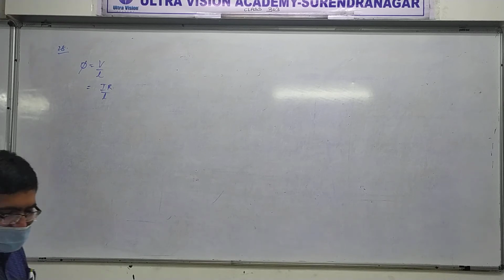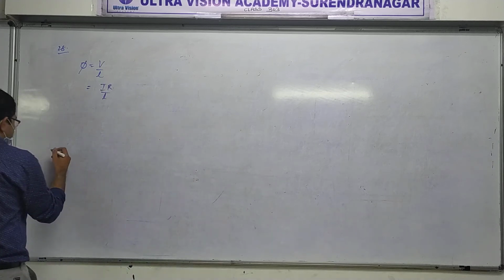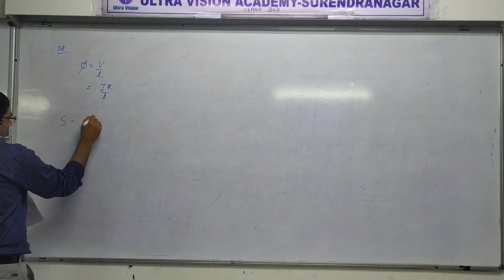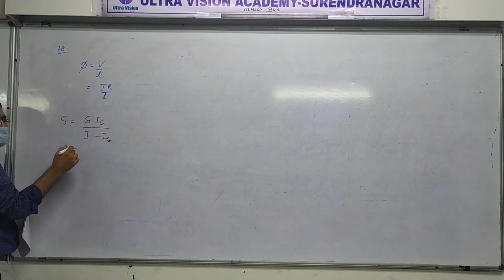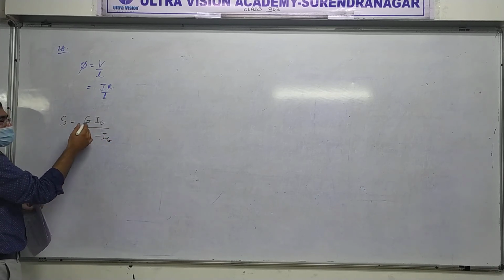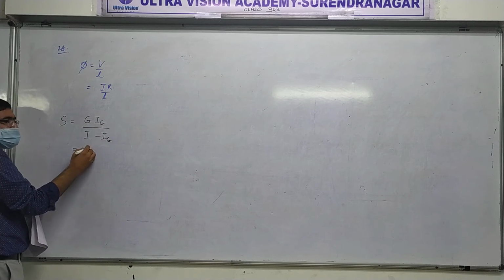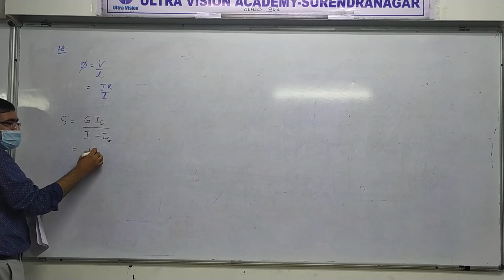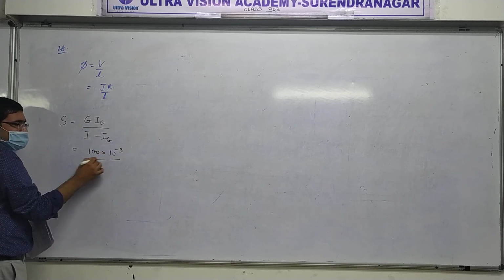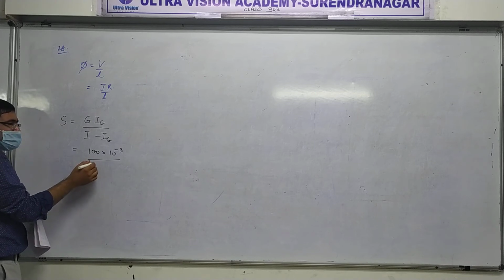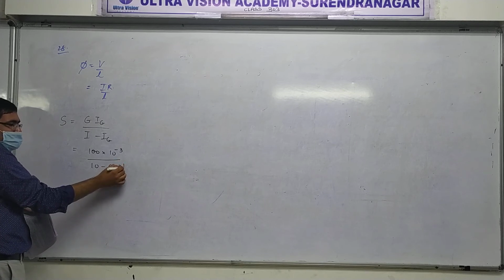You can put Ig as 0.001, yes or no? Make it easy to calculate. S equals G into Ig upon I minus Ig. So G is 100, Ig is 10 raised to minus 3, upon 10 minus 0.001.